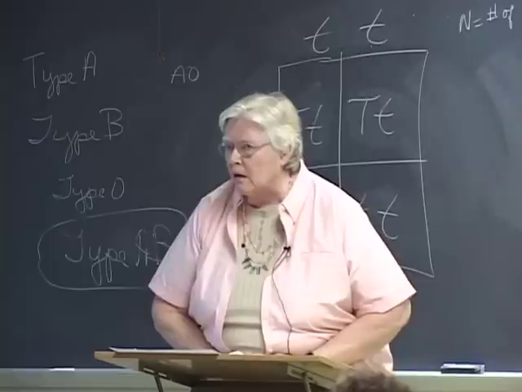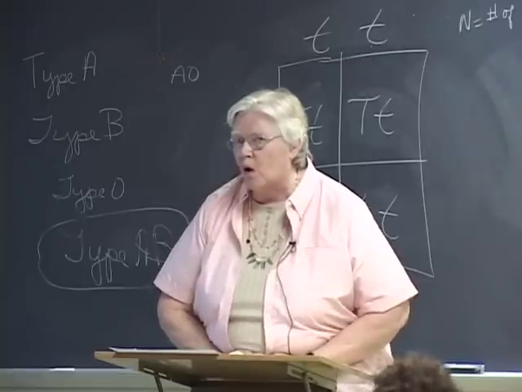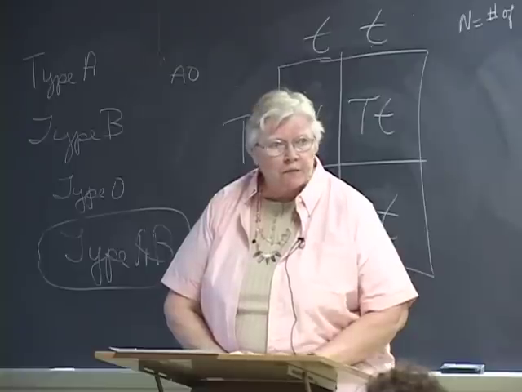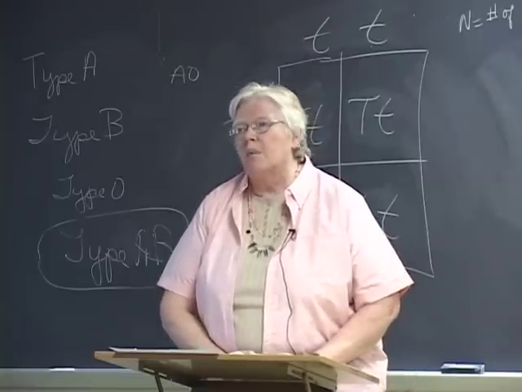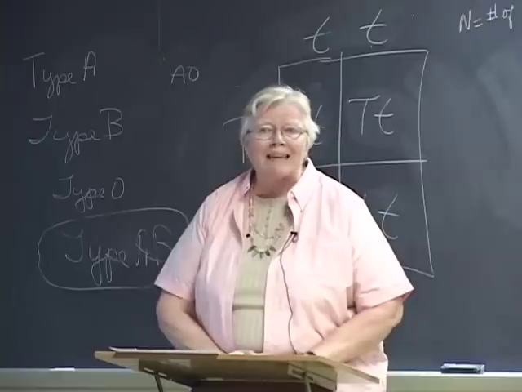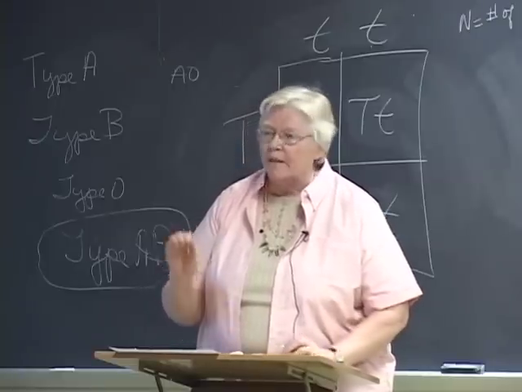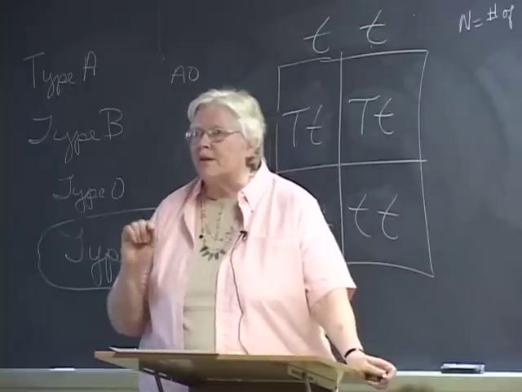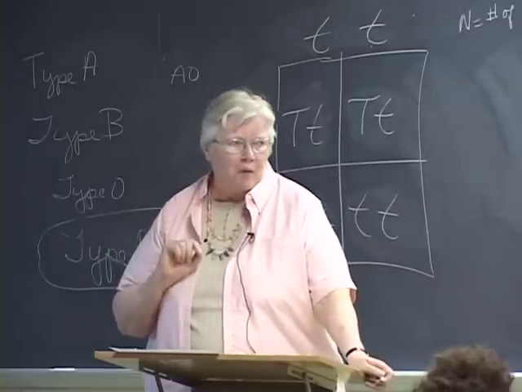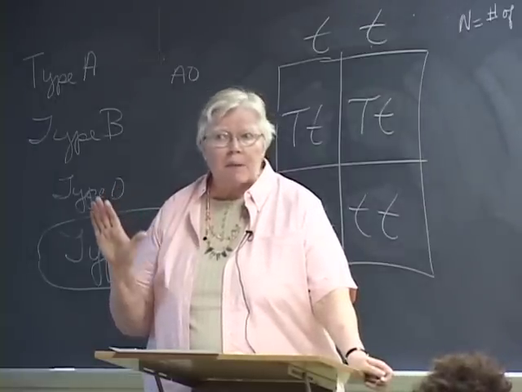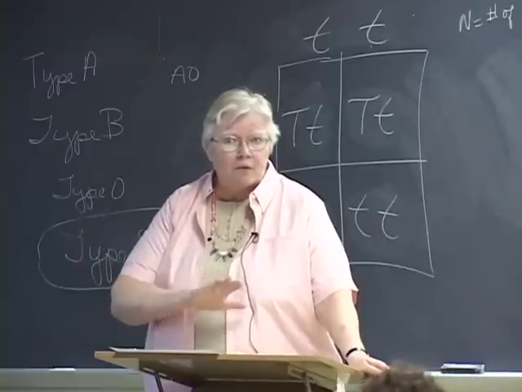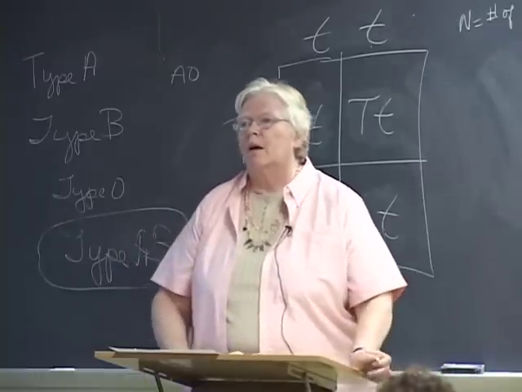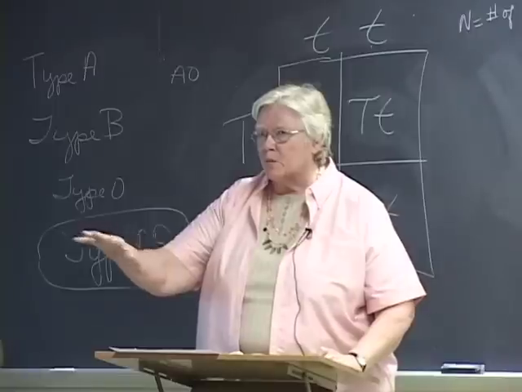Roan cattle, R-O-A-N, or roan horses. I don't know if you're familiar with either one of those, but that's another example of incomplete dominance in which on the coat of the animal, some hairs will be red and some hairs will be white. It's not going to be patchy like you see with a spotted dog, cow, or horse, but just intermixed.